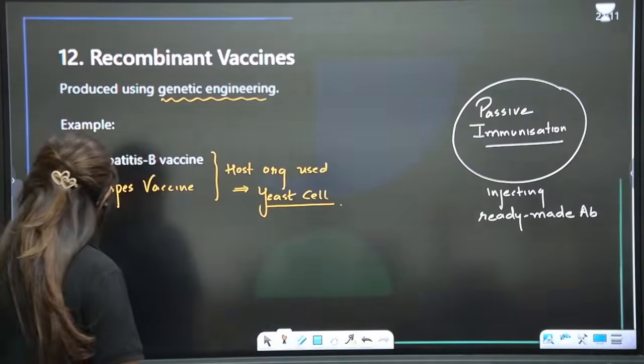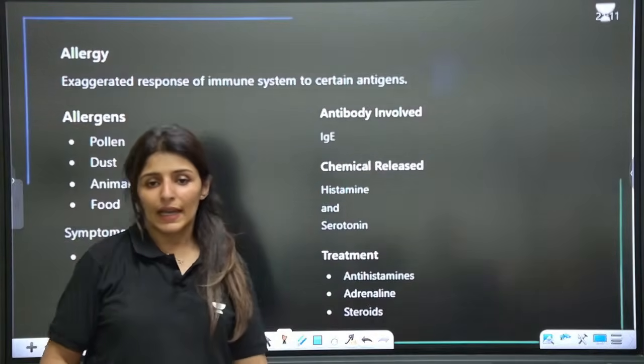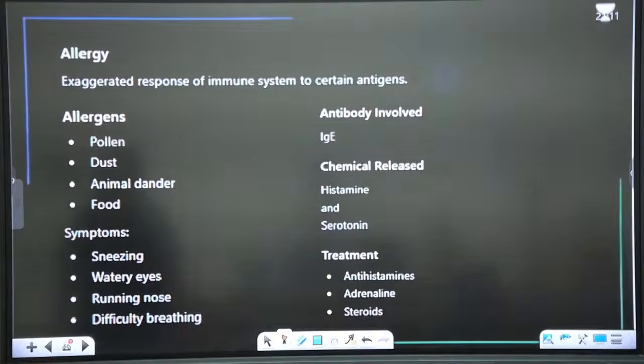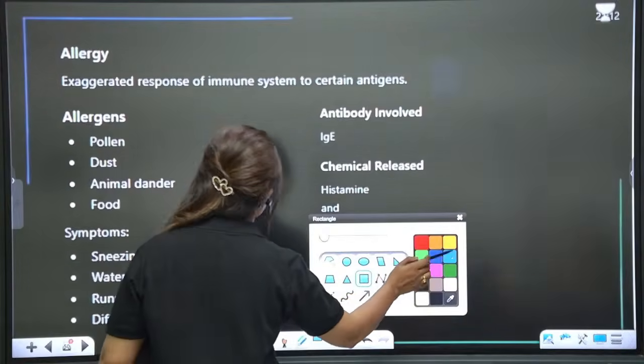Are we clear till here? Please let me know. And guys, now we are going to start with allergy. Quickly guys, let me know, are we clear? Is that clear to everyone? Right? All right.